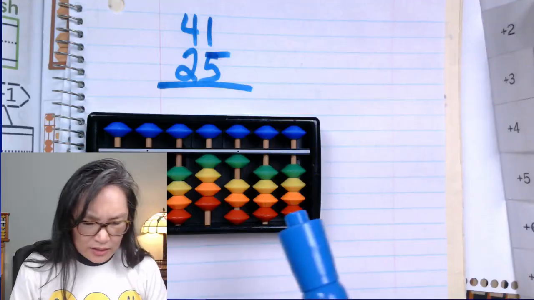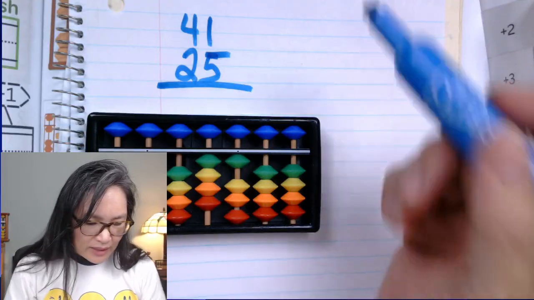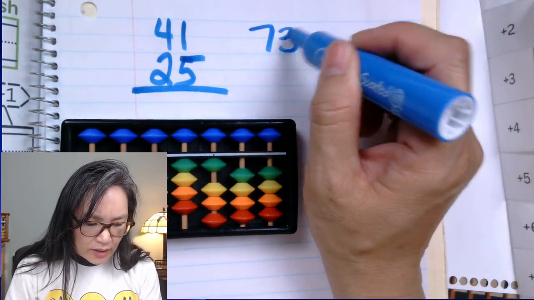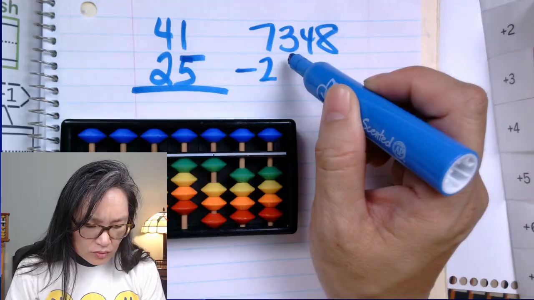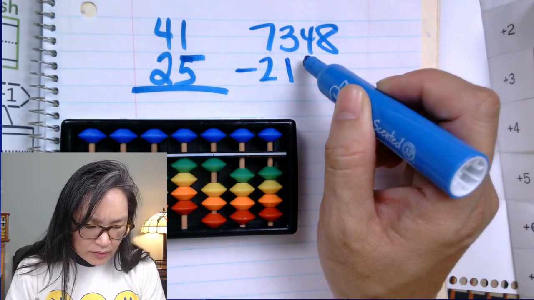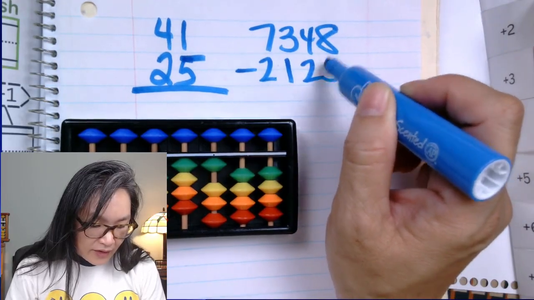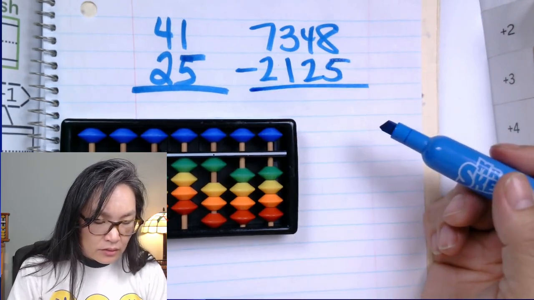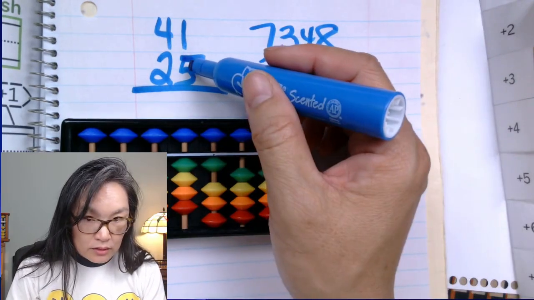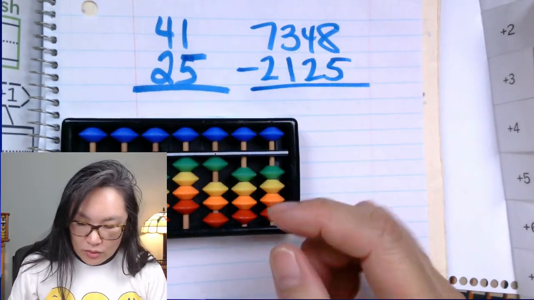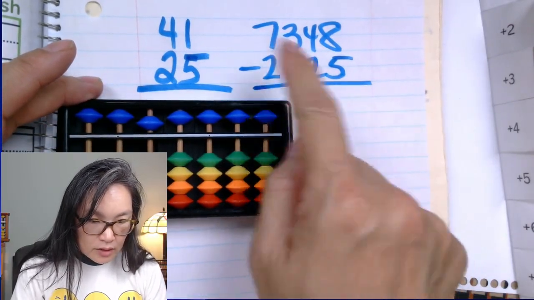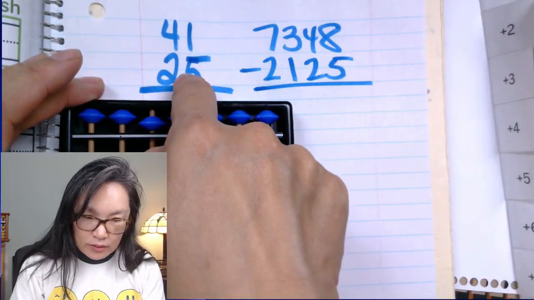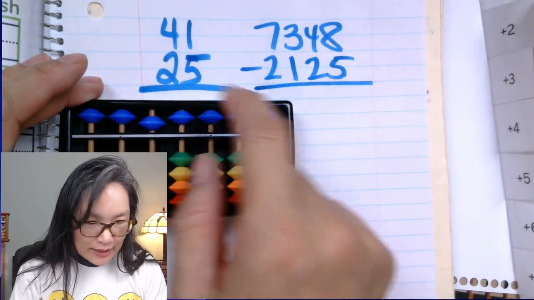I don't have it with me, but like 7,348 minus 2,125? Like that? Do the first one. Leave me alone. Okay, I'll do the first one. We'll do this one first, because Leave me alone had requested.